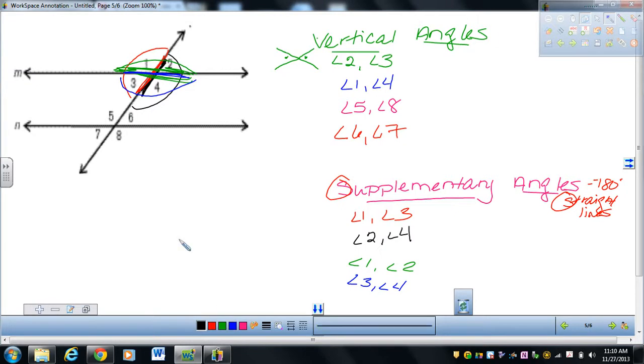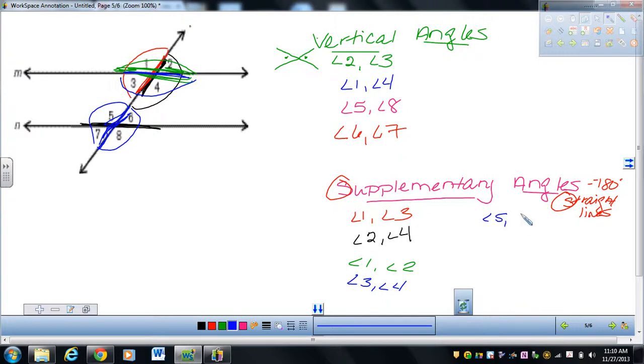So let's go ahead and do this bottom one here. I've got a straight line here, and I've got a straight line here. Not very good at drawing straight lines. Okay. So I've got my 5 and 7 pair there, my 8 and 6 pair there.